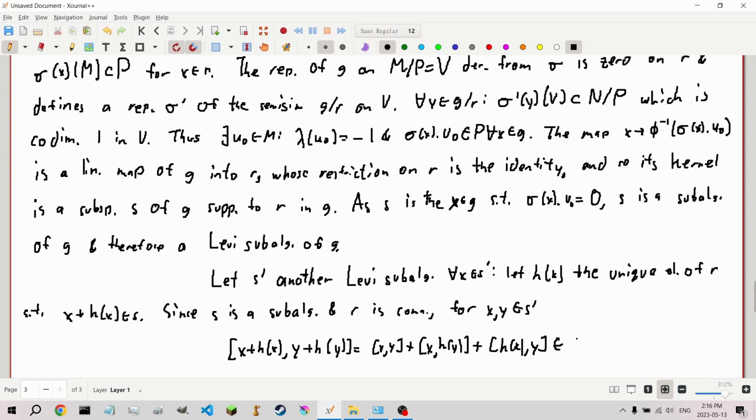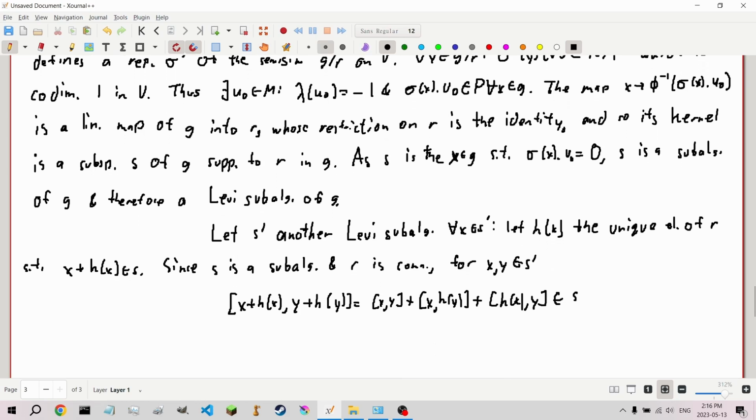It's going to be inside S. Hence, h of the bracket of x and y is the adjoint of x on h of y minus the adjoint of y on h of x.